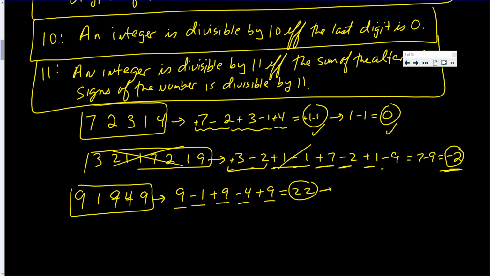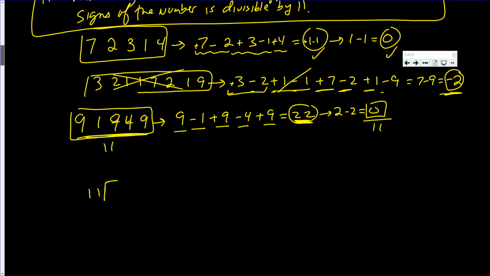If you didn't know if 11 went into 22, I mean, it could have been a 7-digit number, you just do 2 minus 2, you get 0. And that's on the 11 table. I can divide it by 11 evenly. So I can divide this number by 11. Let's try that. 91949, 11 goes in 8 times, 3 left over.